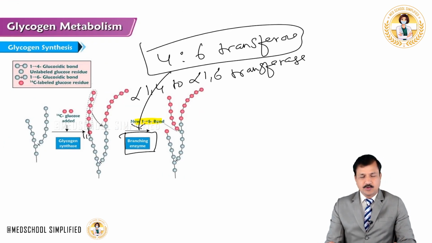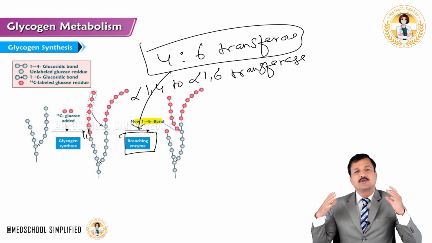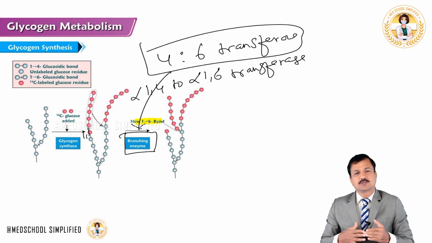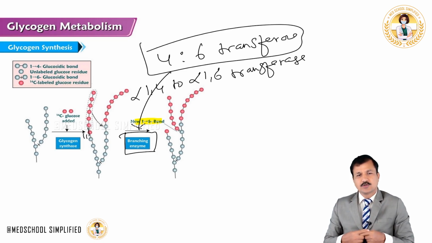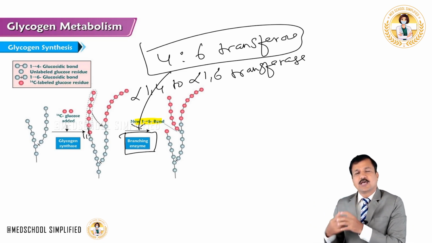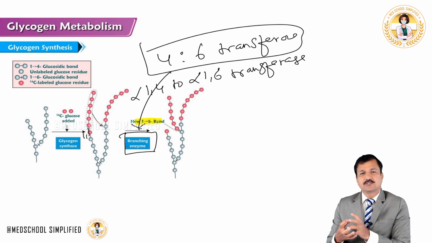Let me recap one more time. Glycogen synthesis begins with the conversion of glucose into glucose-6-phosphate, glucose-6-phosphate into glucose-1-phosphate, and glucose-1-phosphate forming UDP-glucose, and this UDP-glucose is diverted into attachment of UDP-glucose to glycogenin.